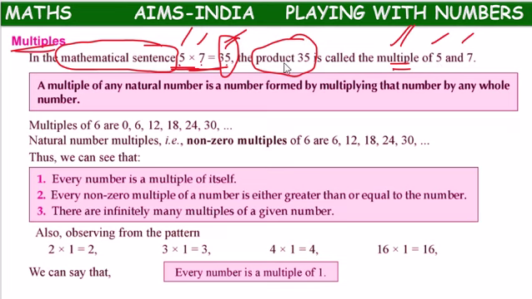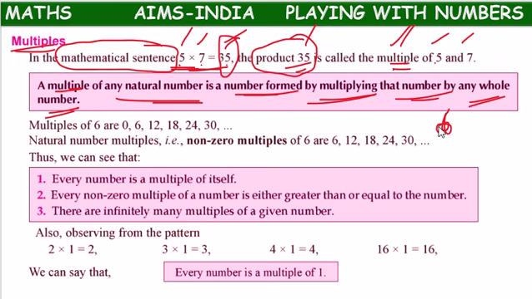So we are saying 35 is a multiple of 5. A multiple of any natural number is the number formed by multiplying that number by any other number. Suppose we have 6, what are the multiples of 6?